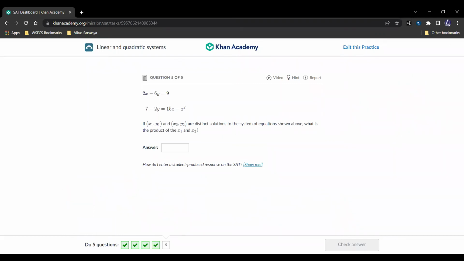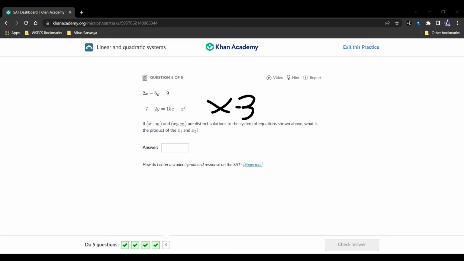2x minus 6y equals 9. 7 minus 2y equals 15x minus x squared. All right, let's see what we can do right here. I'm going to take the second equation and multiply it by negative 3.